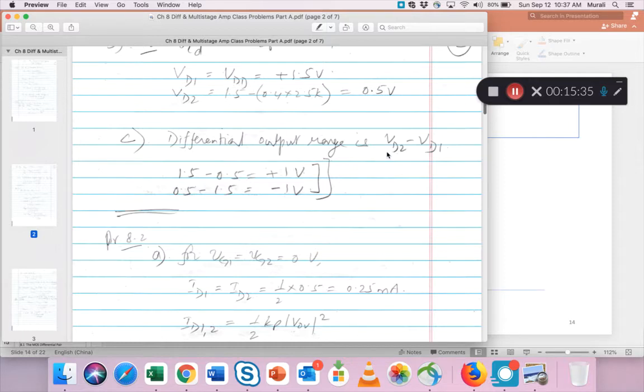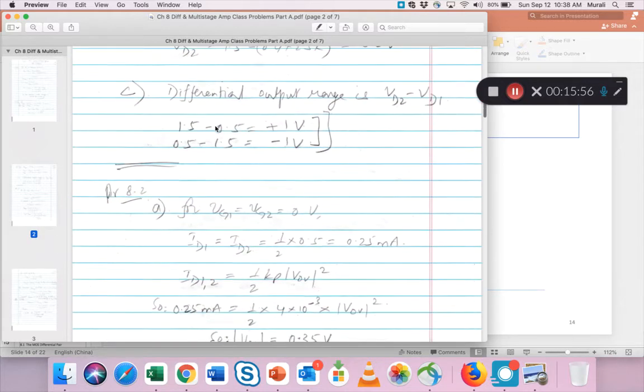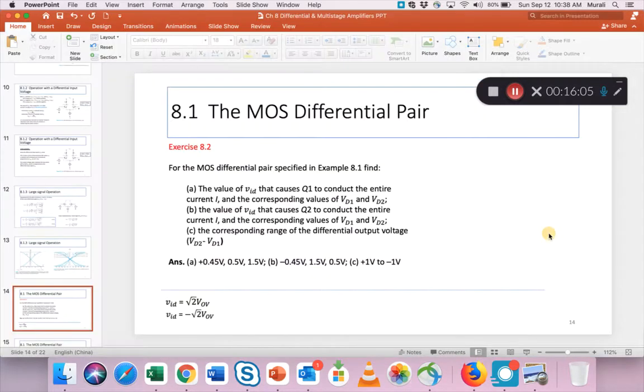The differential output range is VD2 minus VD1, which is 1.5 to 0.5, or 1 volt, and 0.5 to minus 1.5, which is minus 1 volt, depending on these two, A and B's. Okay. All right.